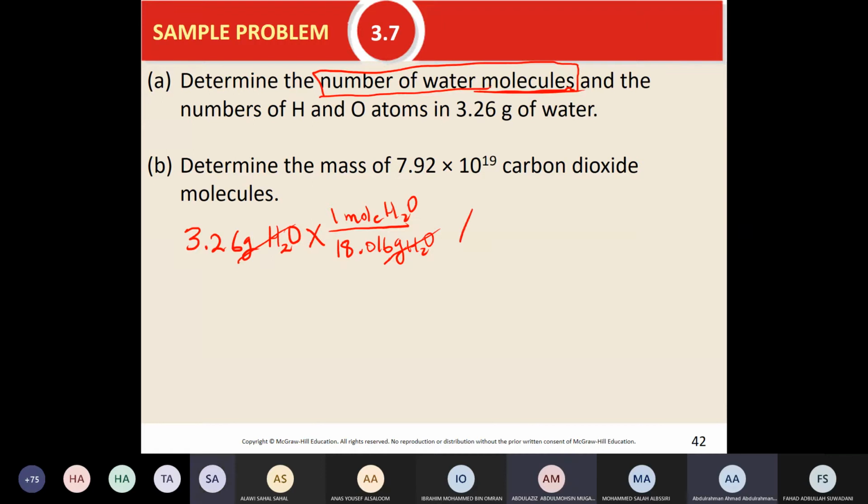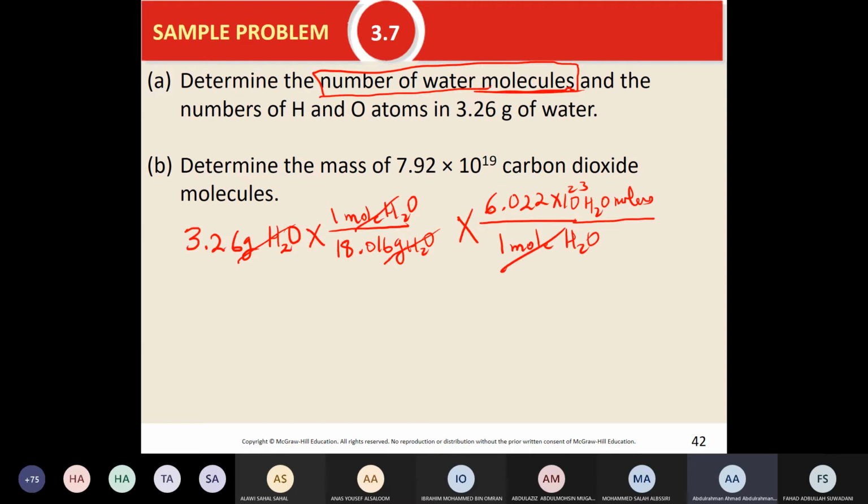Avogadro's number of H2O molecules divided by 1 mole of H2O. 6.022 times 10 to the power 23 H2O molecules divided by 1 mole H2O. Done.